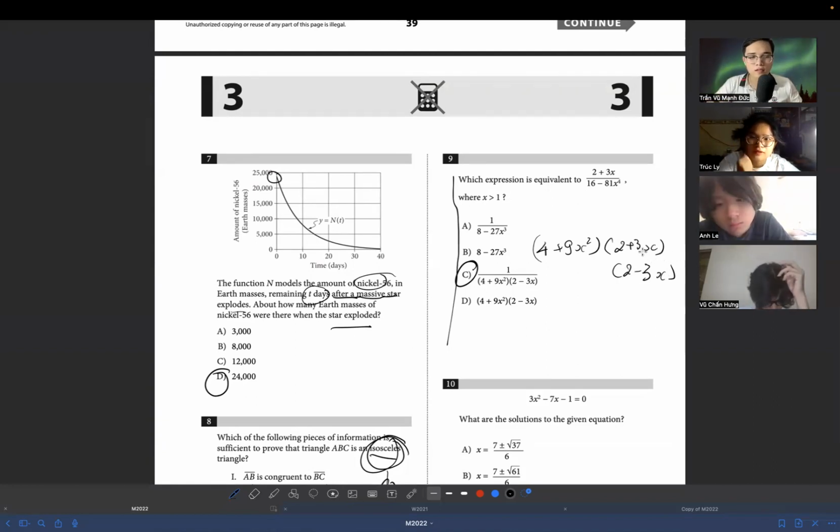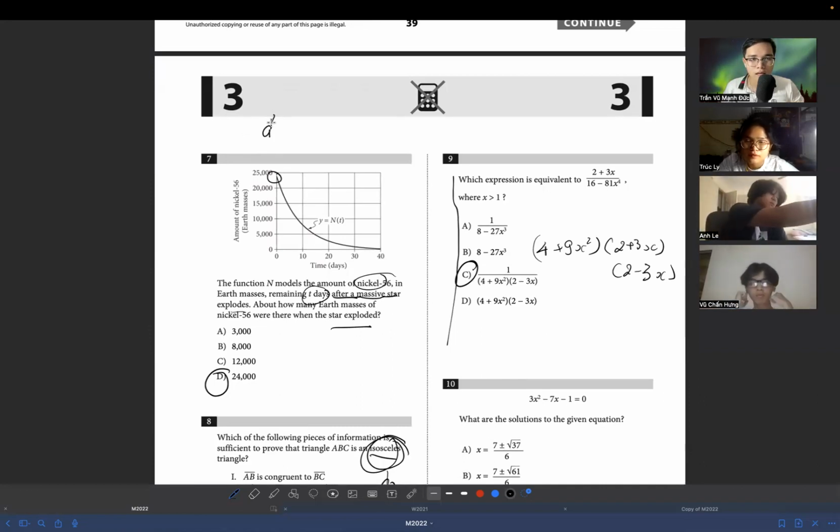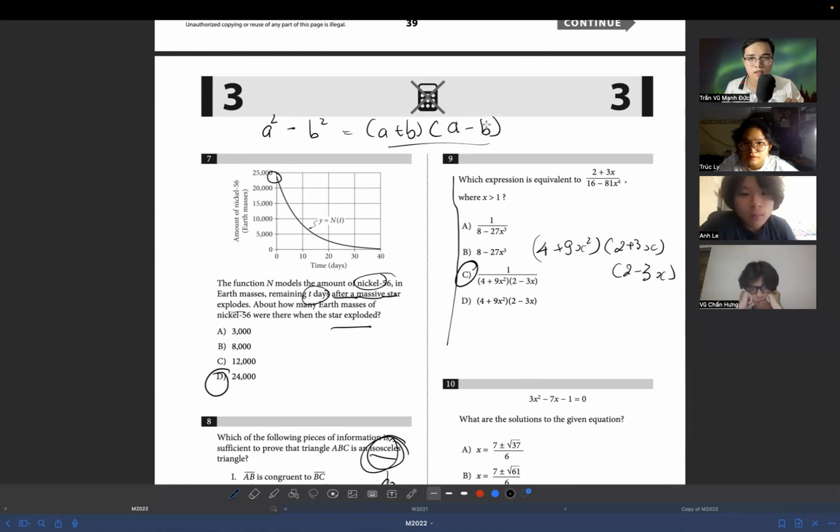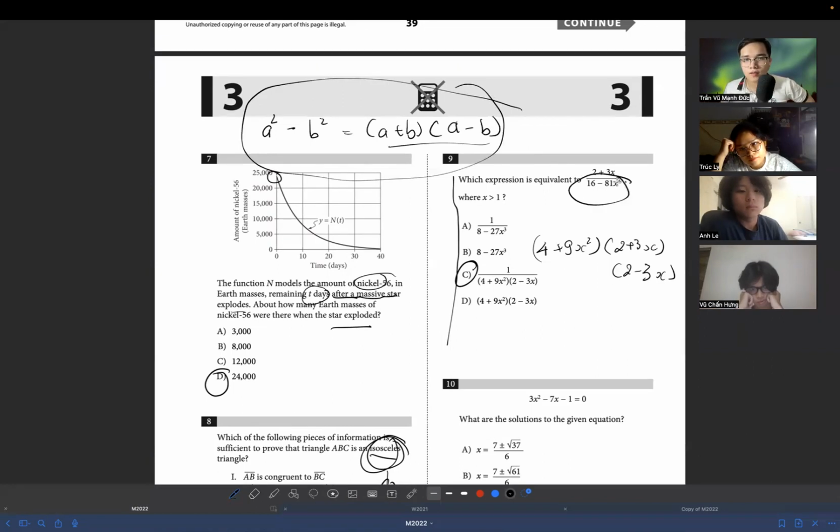All right. She has applied this very special equation in mathematics. When you have a squared minus b squared, you will have a plus b times a minus b. This is the resulting equation: a squared minus b squared equals a plus b times a minus b. Remember this. And we apply this to 16 minus 81x to the power of 4.